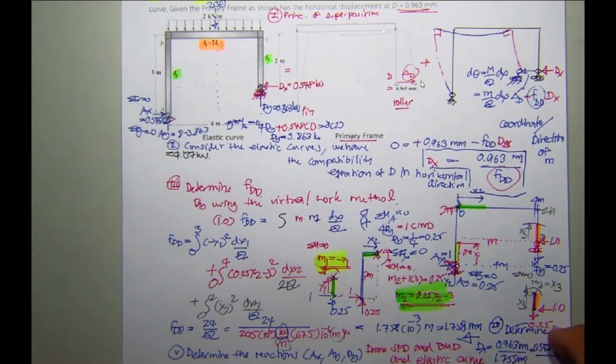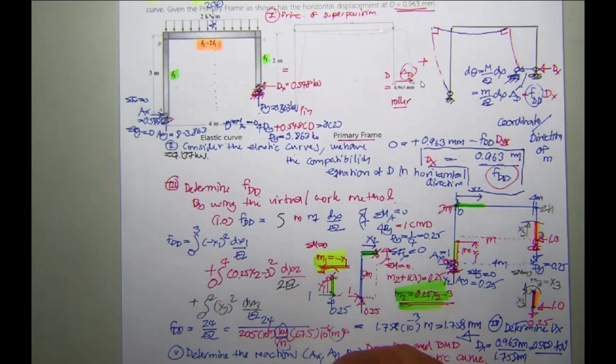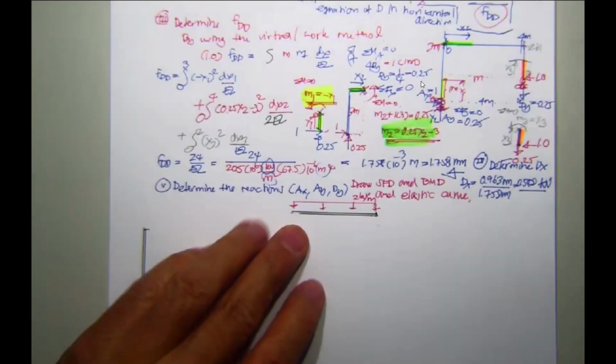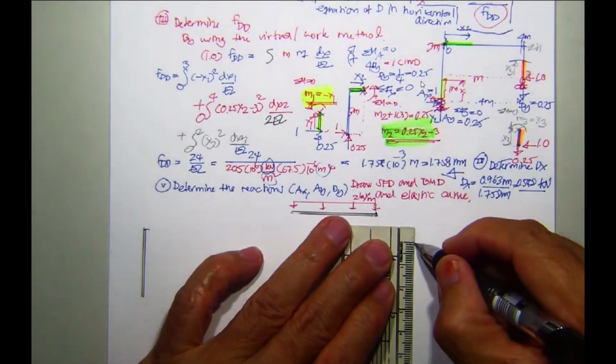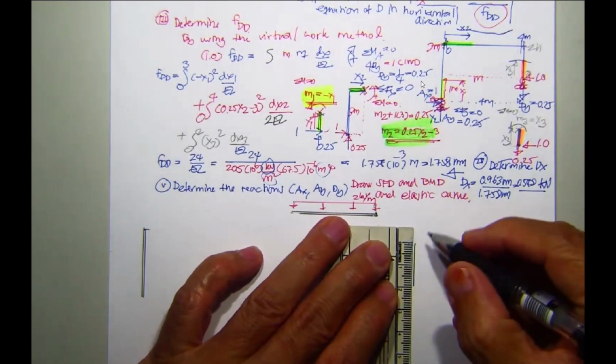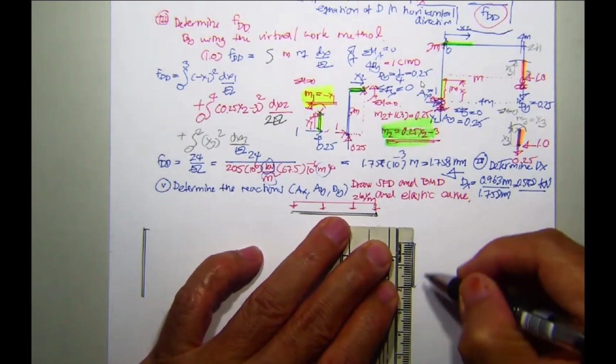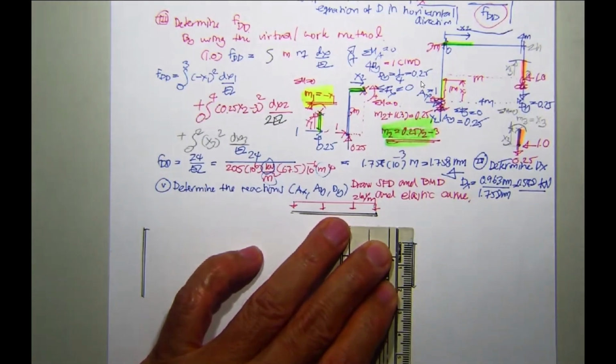And for the beam, 4 meters, put it as 4 centimeters, and project the load in kilonewton per meter over here. And then we also have the CD, this is 2 meters, put it into centimeters.